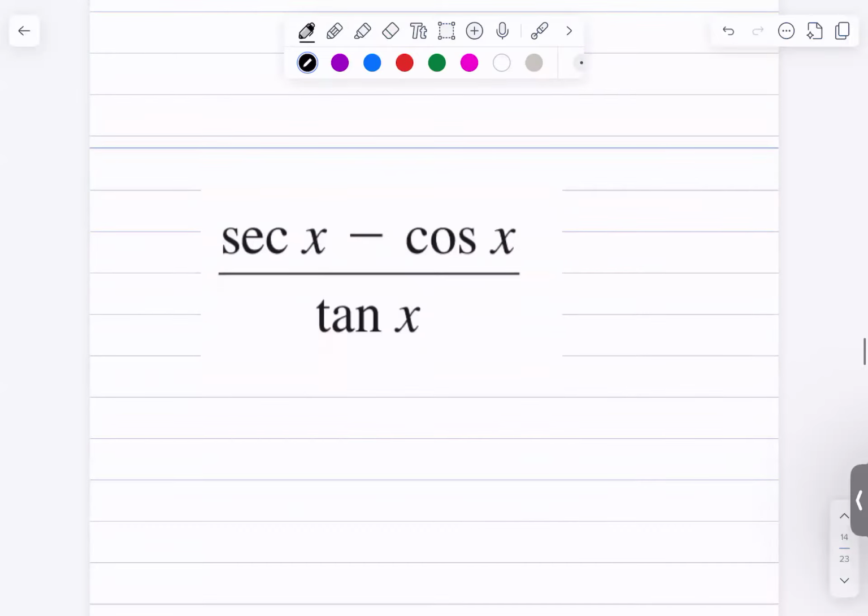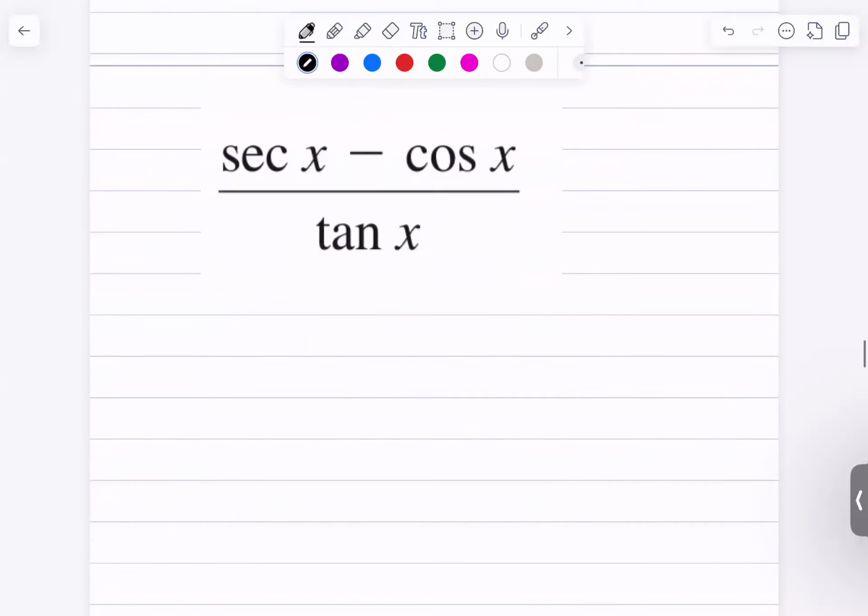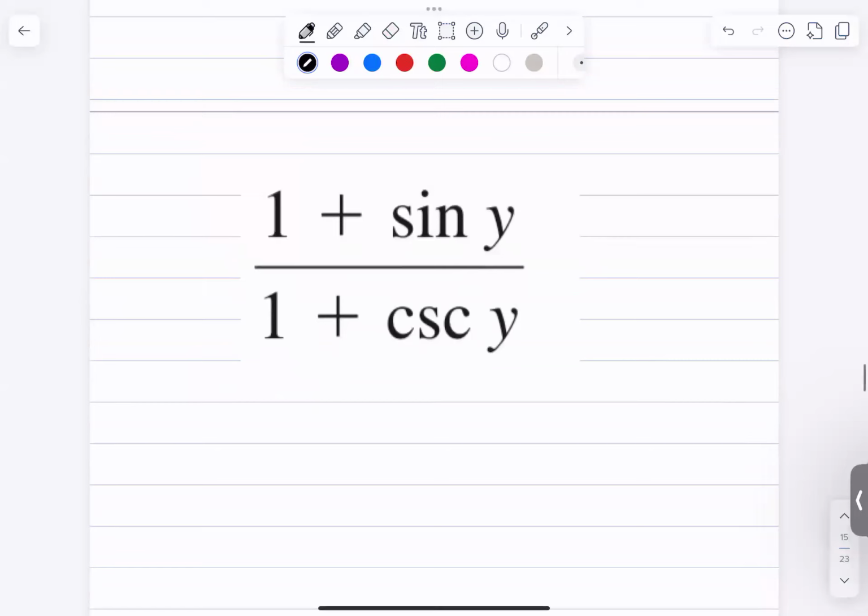Next one. I'm going to skip this one. Okay. 1 plus sine y over 1 plus cosecant y. All right. Getting everything in terms of sine and cosine. This is 1 over sine y, right?